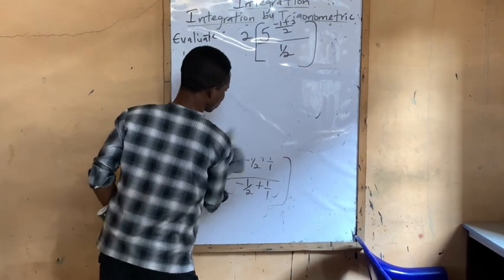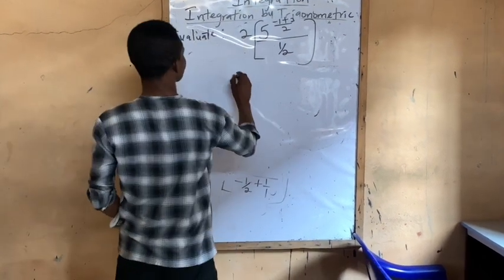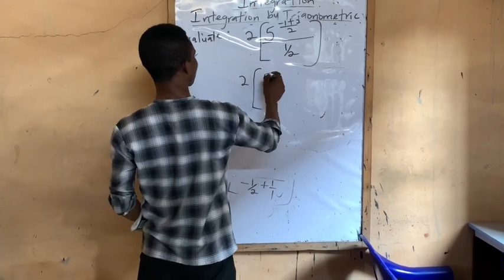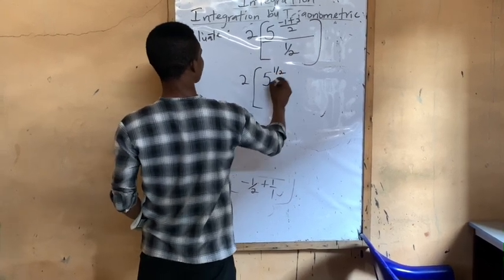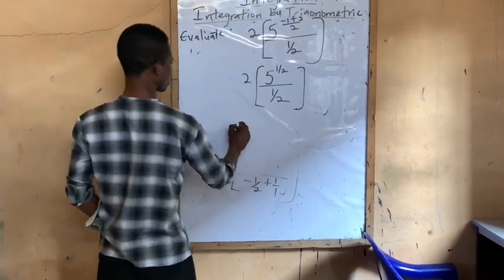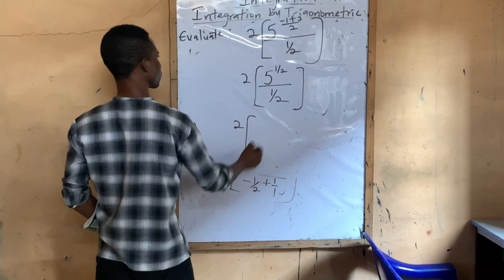So we are having 2 open brackets 5 raised to the power 1 all over 2, all over 1 all over 2.